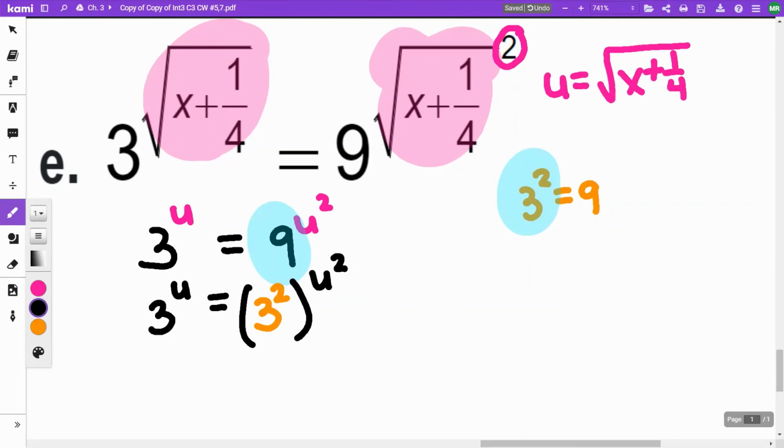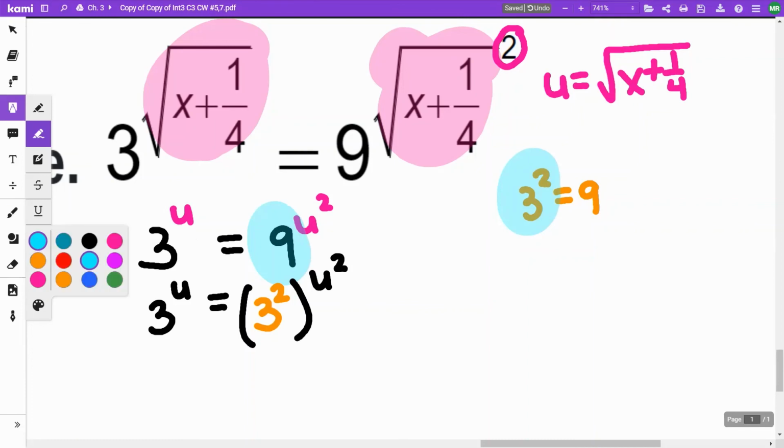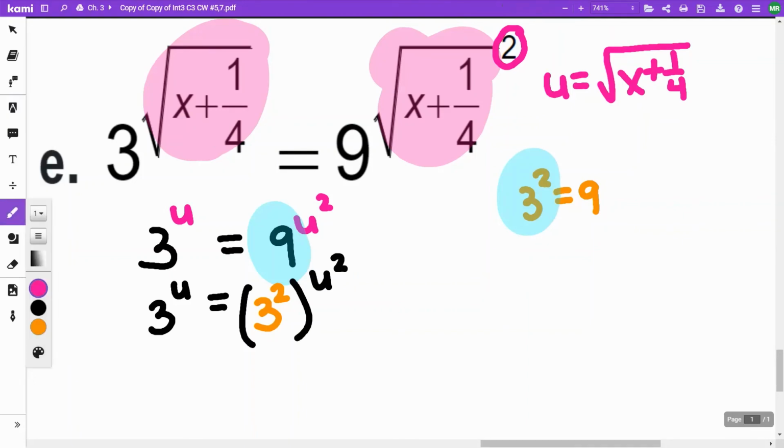So again, we see that we have power to power. When we have a base raised to a power, and that's raised to another power, power to power, you multiply. So this is going to be 3 to the u is equal to 3 to the 2u squared.